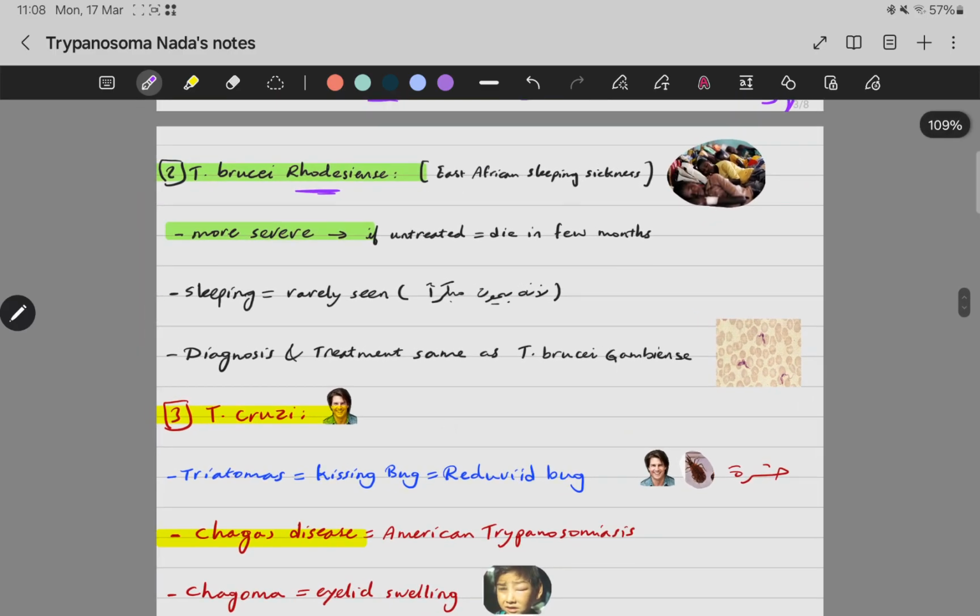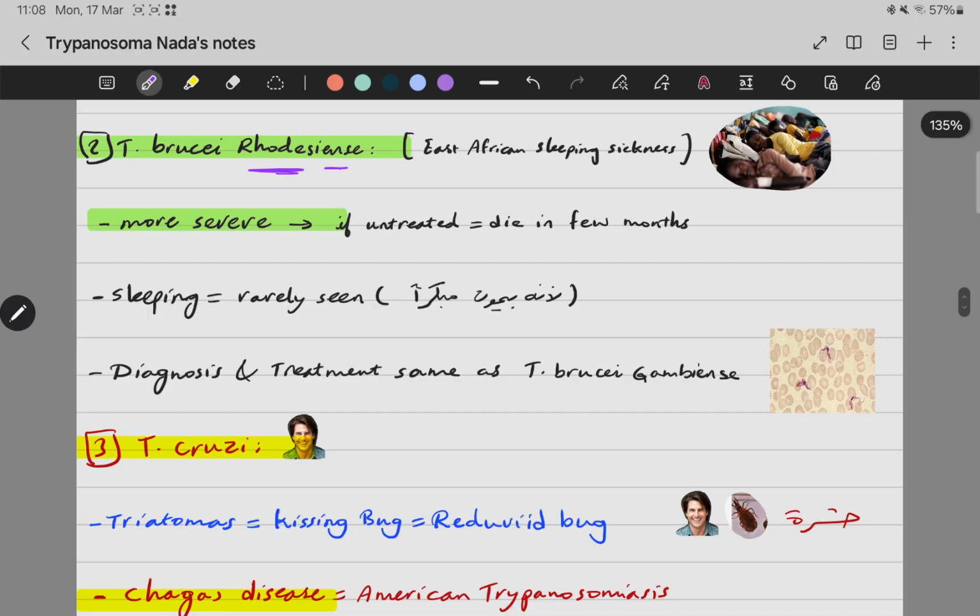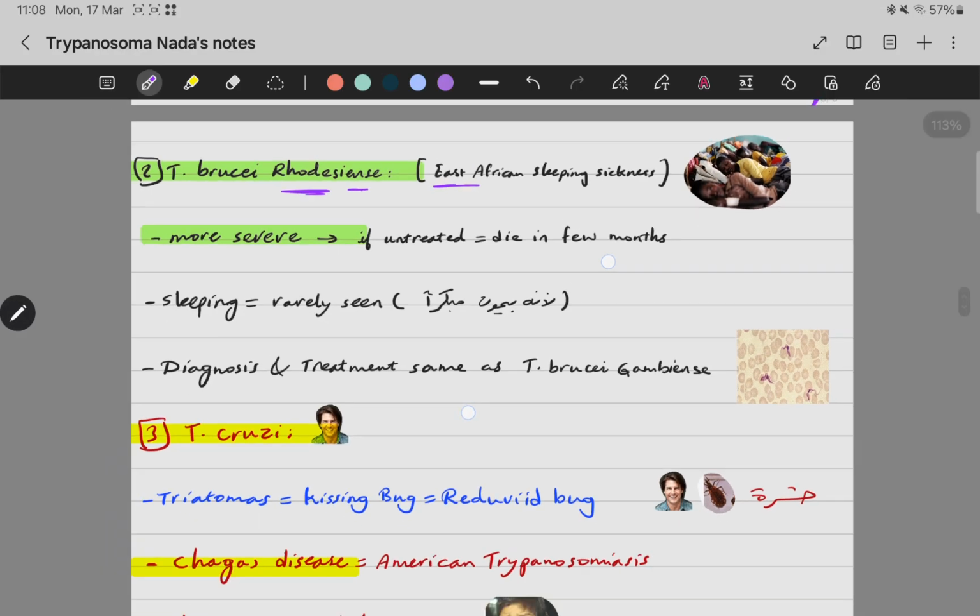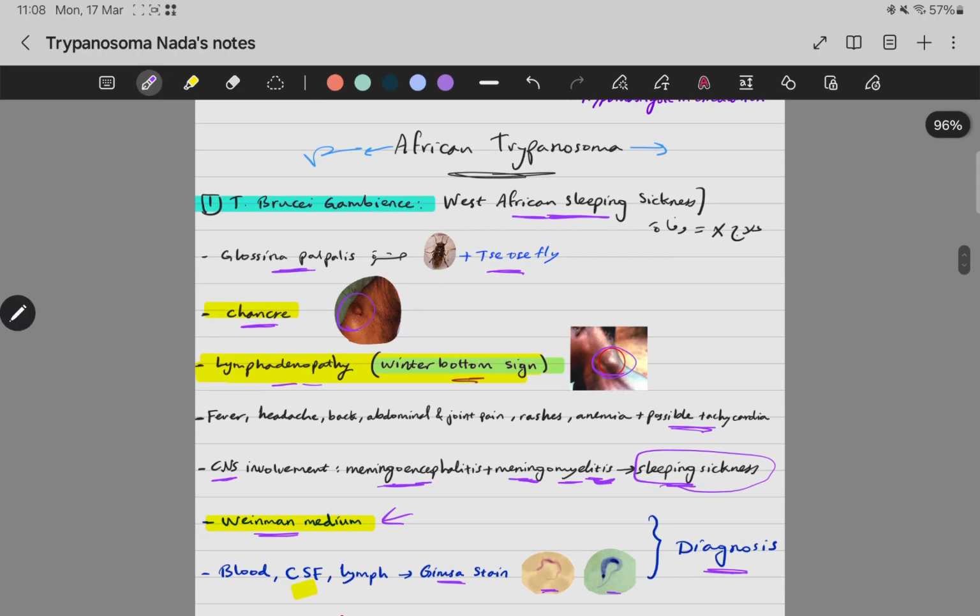So now we come to the second type. The second type is very similar to the first type, Trypanosoma brucei gambiense. Trypanosoma brucei rhodesiense is very similar to the gambiense one, but it causes East African sleeping sickness, while, as we saw earlier, Trypanosoma brucei gambiense causes West African sleeping sickness.